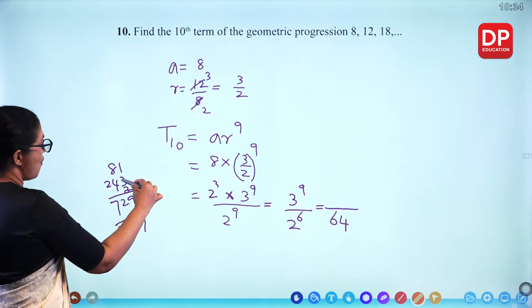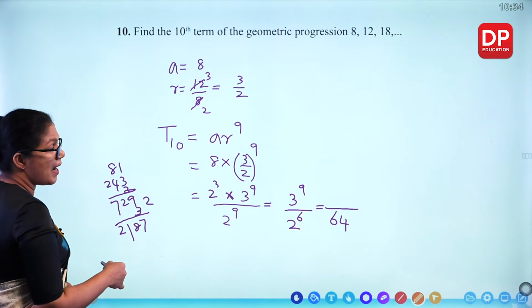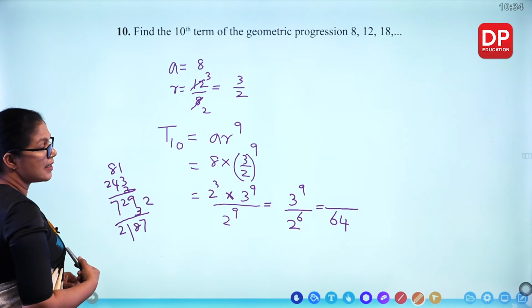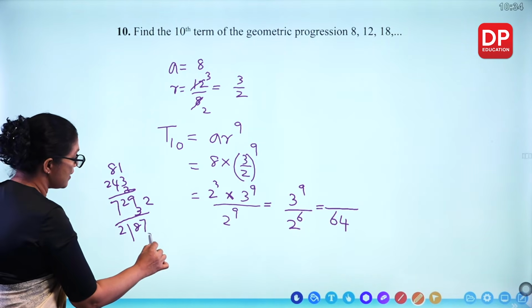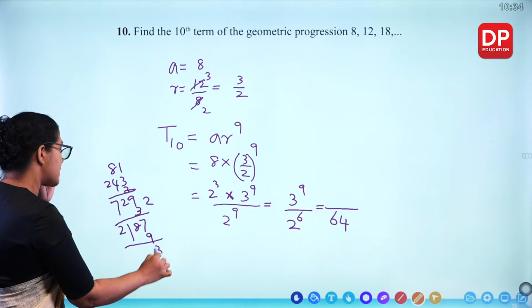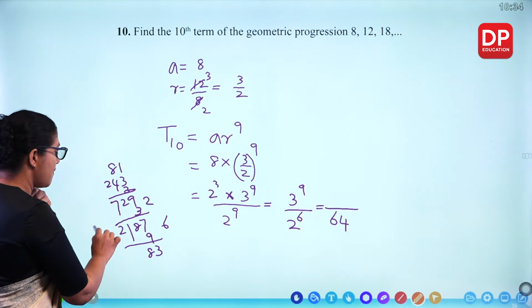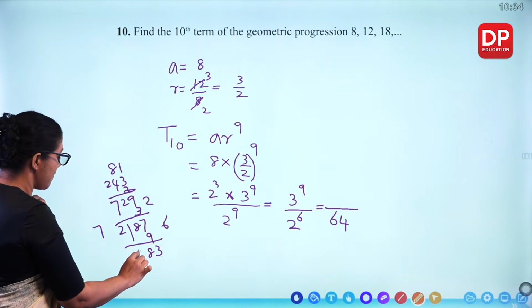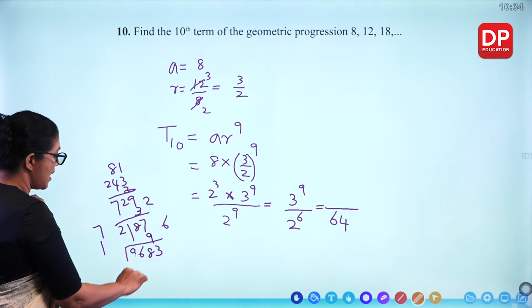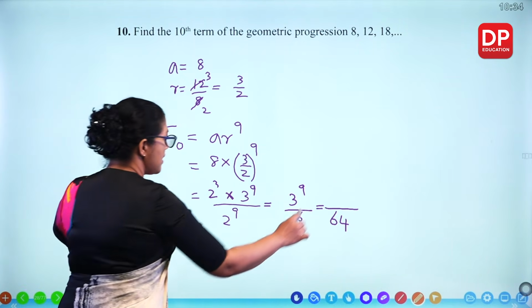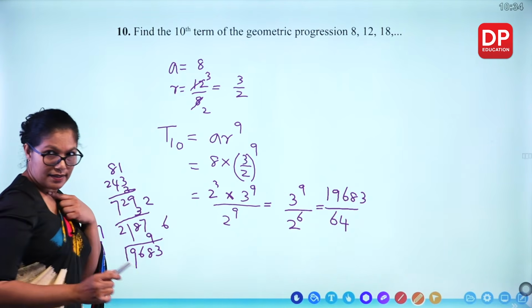This is 3 to the power 7. Multiply by 3 again: 3 times 7, 21; 3 times 8, 24 plus 2, 26... carrying through, we get 19,683. Divide by 64.